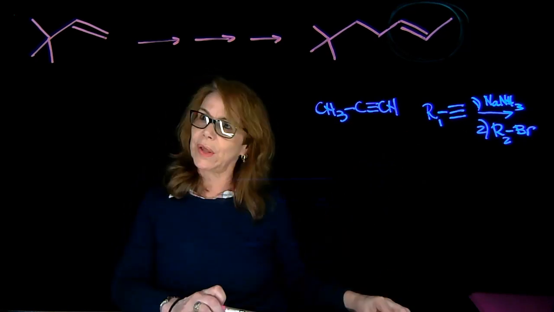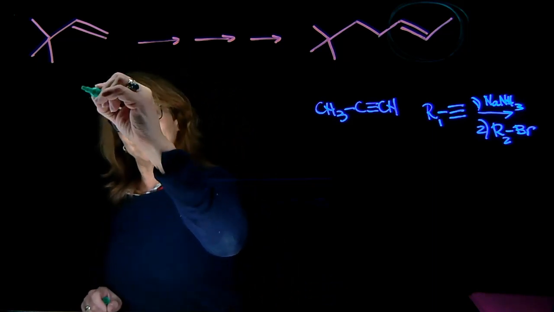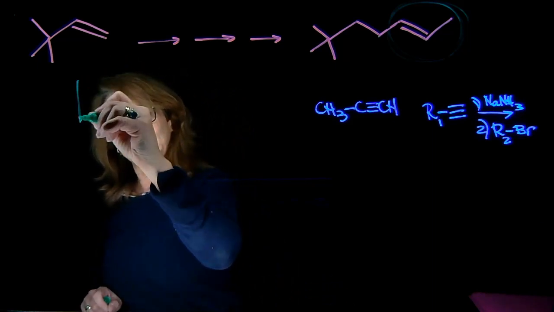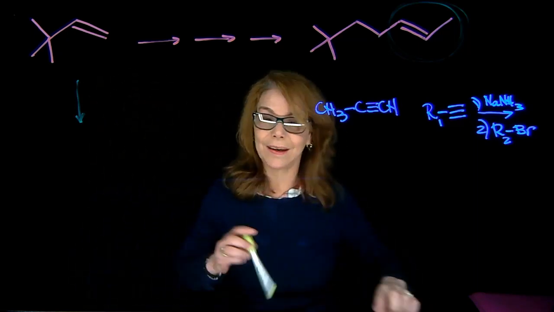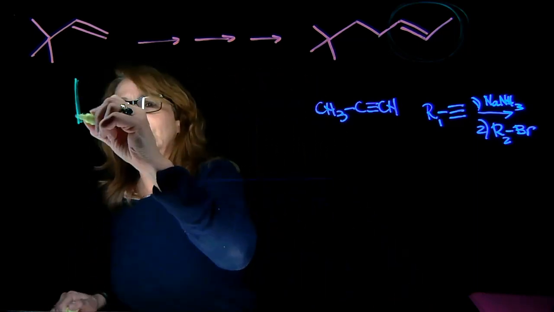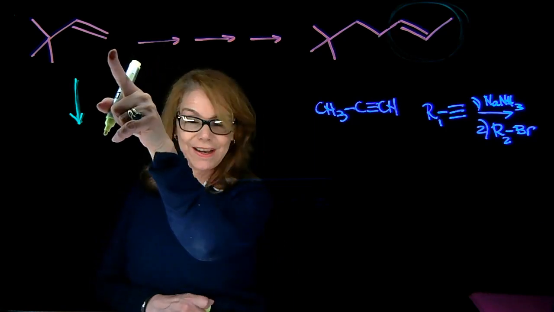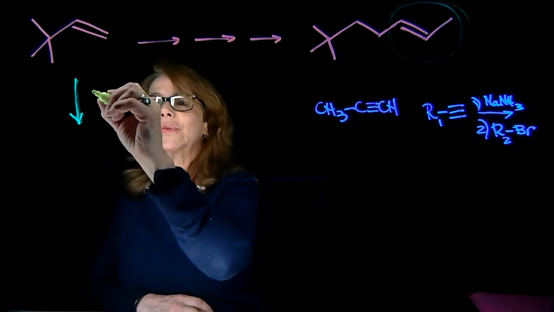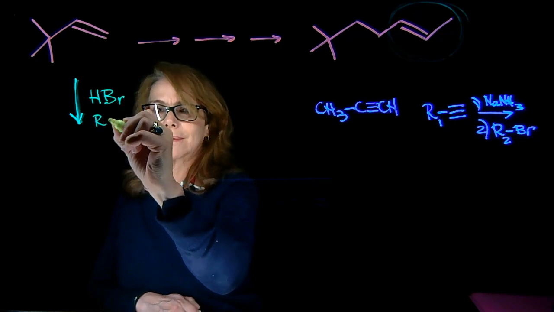So how do I do that? Well, if I want to have, say, a bromine terminal, notice that it would be an anti-Markovnikov hydrohalogenation, because at the end of the day, I want to have the bromine here. So I need to use, for example, HBr with peroxide.